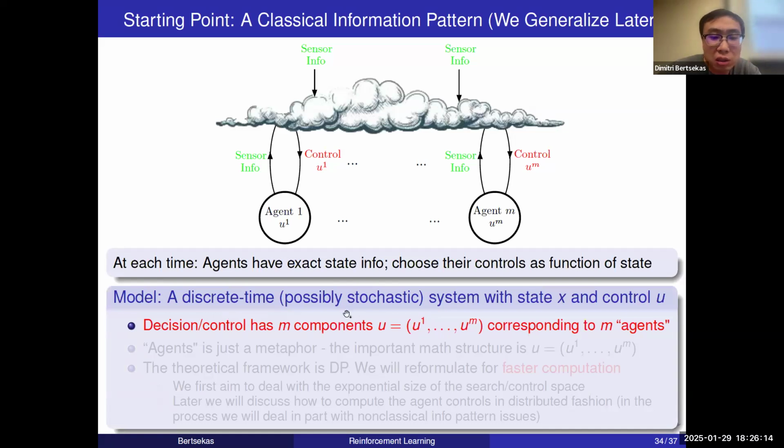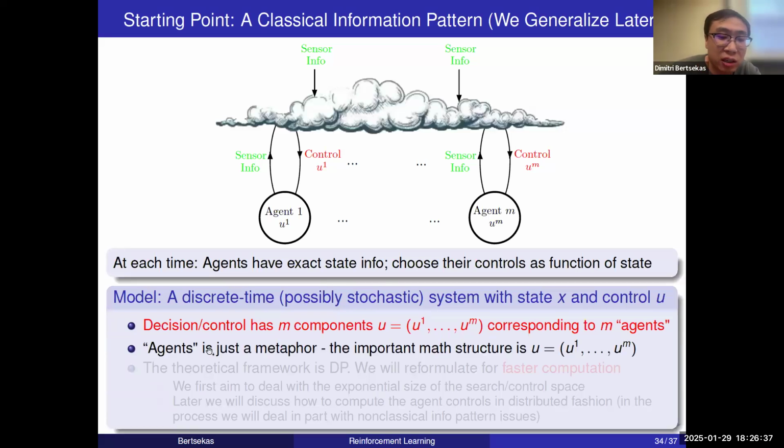The model we use is a discrete time, possibly stochastic system with state x and control u. So the state x is all the sensory information collected by individual agents and shared with the computing cloud. And this is available for control selection of not one, but every control element used for different agents.